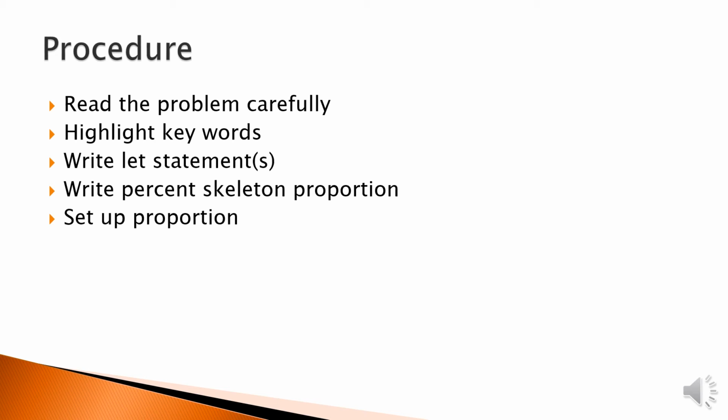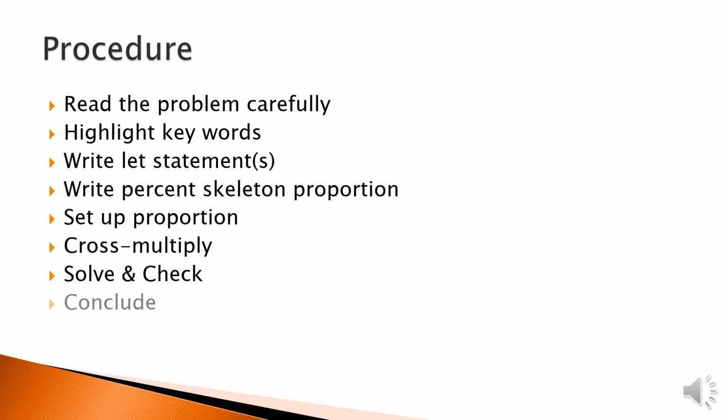You want to fill in the 3 spots, one of which is going to be filled in with a variable. At that point, you'll cross multiply. You should solve using properties, and you should be checking your work. And you should be writing a conclusion statement in a nice English, grammatically correct sentence at the end.